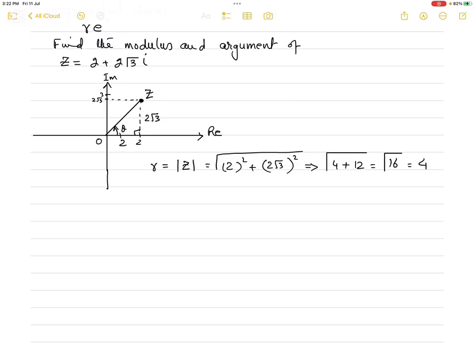This is our modulus, and our argument theta, which we write like arg. Argument theta would be opposite over adjacent, meaning 2 root 3 over 2, and this is tan inverse. Opposite over adjacent is always tan, so write tan inverse of this, cancel 2 and you are left with tan inverse of root 3.